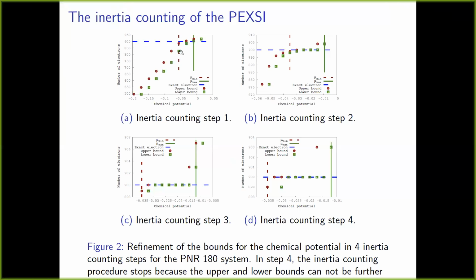So this is the next step of the inertia counting. This is the new mu min, and the green line is the new mu max. The second step goes on, and when the range cannot be further refined, we stop the inertia counting and go into the fine level of the PEXSI evaluation.